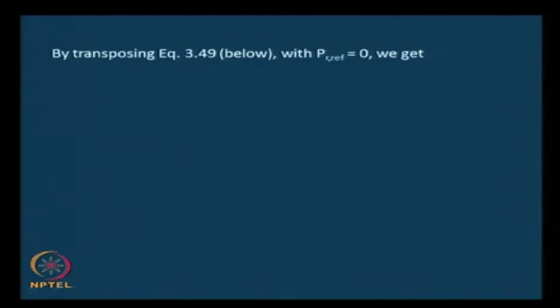Now by transposing equation 3.49 below, think of the second hint that was given, and try to express it in terms of the other reduced properties SR and HR and so on.